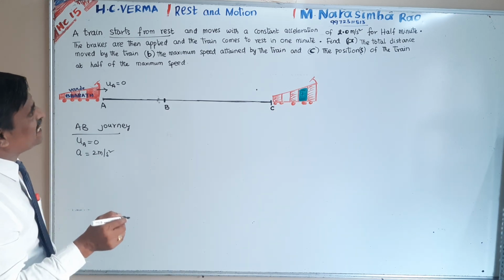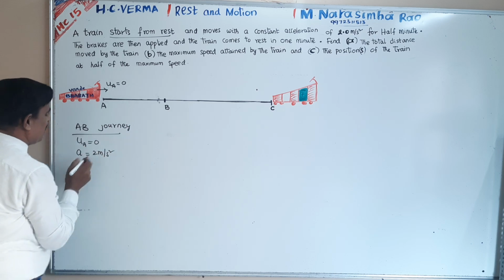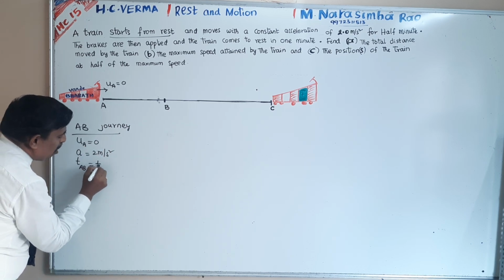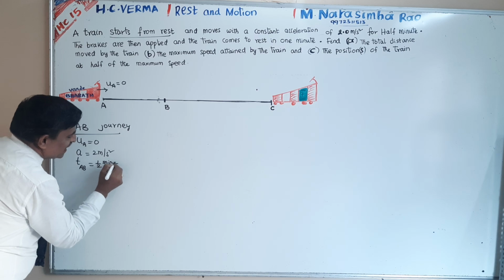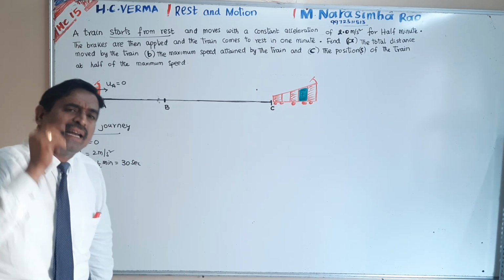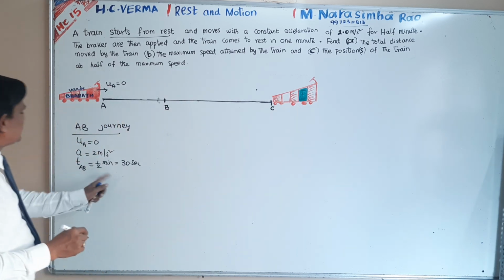Now please listen. Time taken from A to B is half a minute, which is nothing but 30 seconds. 1 minute means 60 seconds, half a minute means 30 seconds.